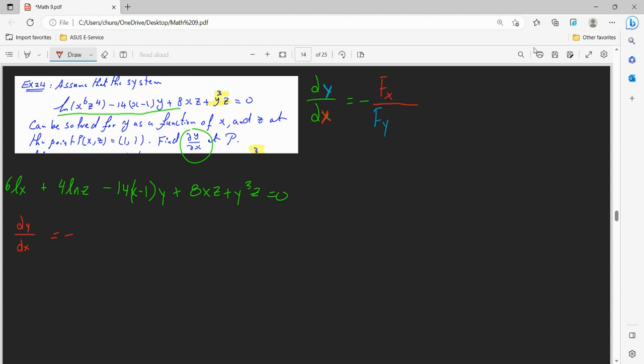So this is going to be negative 6 over x, and this is going to be negative 14y plus 8z, right? And that is our numerator.